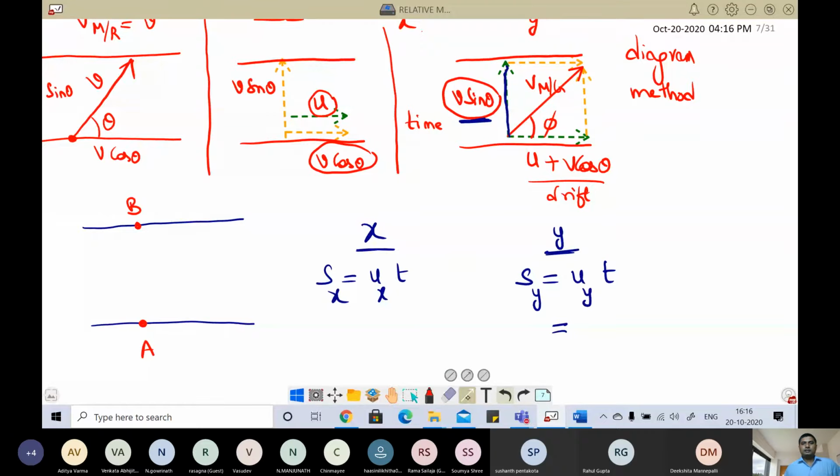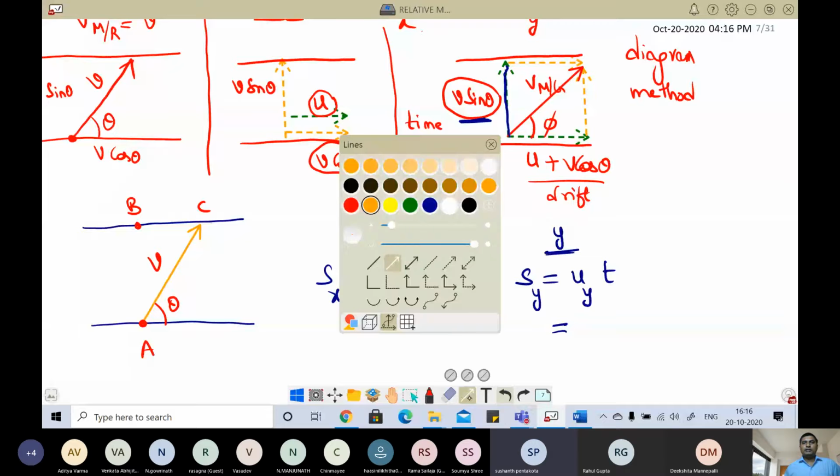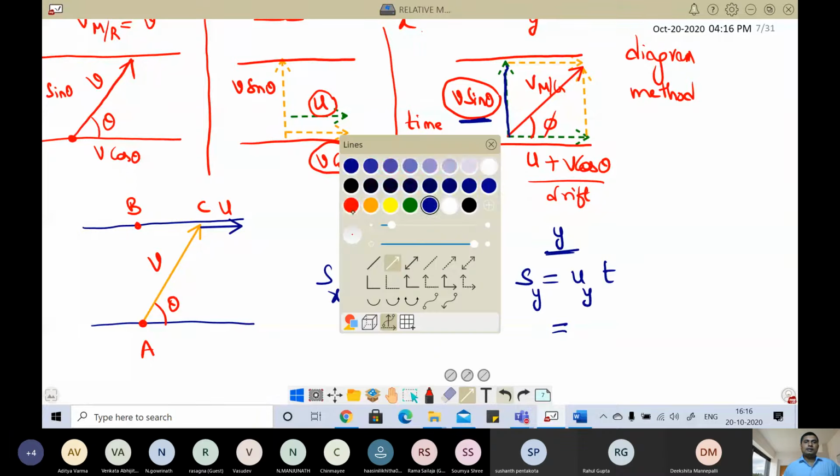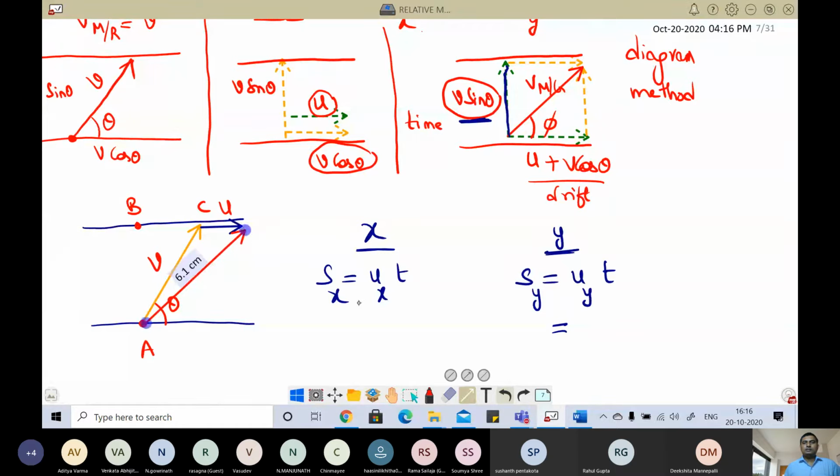Suppose this is his effort towards C, making an angle theta, which is called V. If the river is not flowing, definitely he will reach C, but because of the river flow, which is called U, finally he will reach some point D. So this is called the velocity of man with respect to ground.